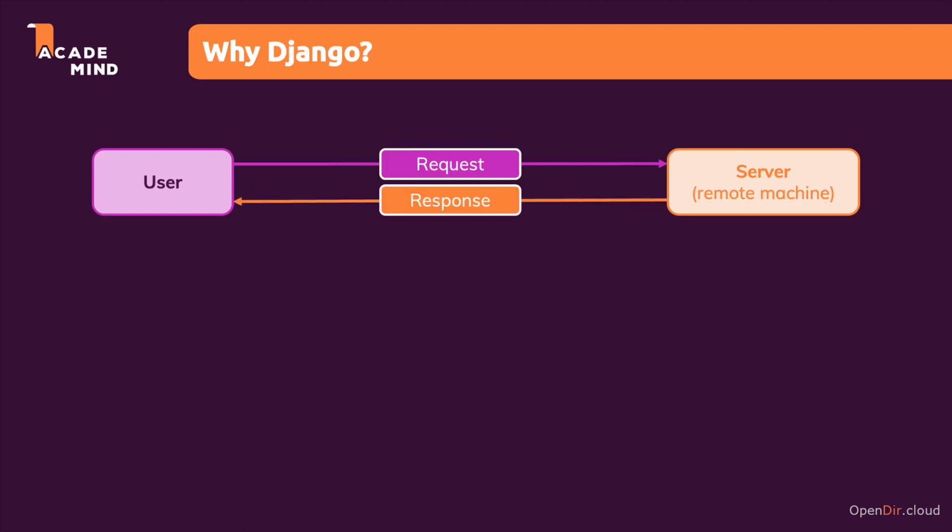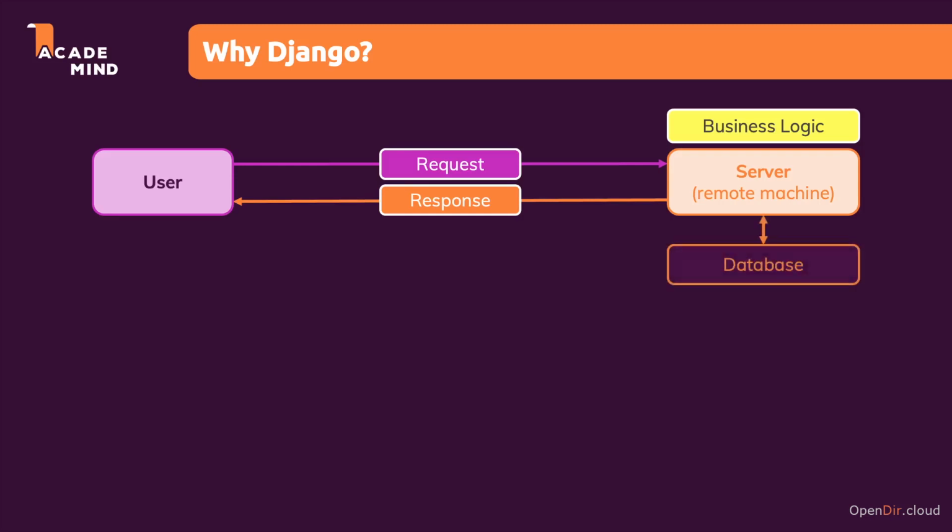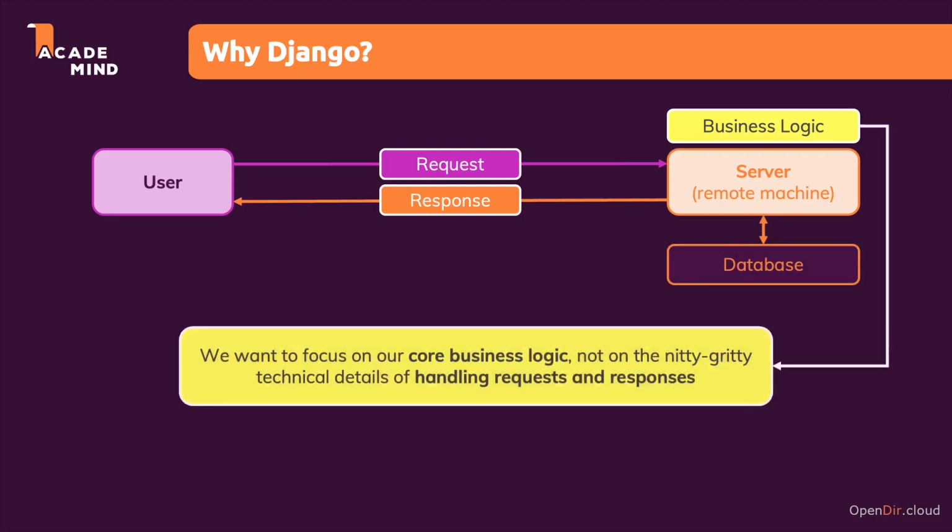Now, the interesting part is what happens on the server. Your business logic that's running there. So logic that reaches out to a database to create data or to fetch data. As a web developer, we typically want to focus on this core business logic, which means we want to focus on the core features that make up our website.